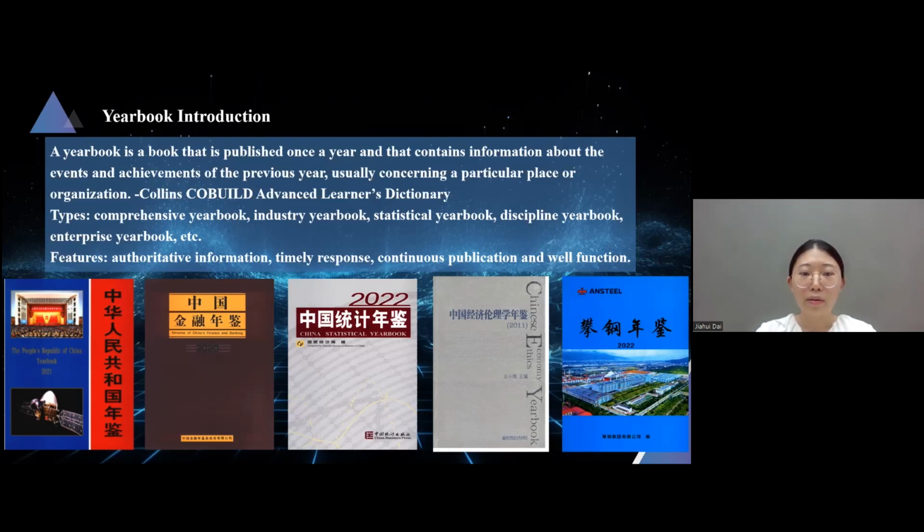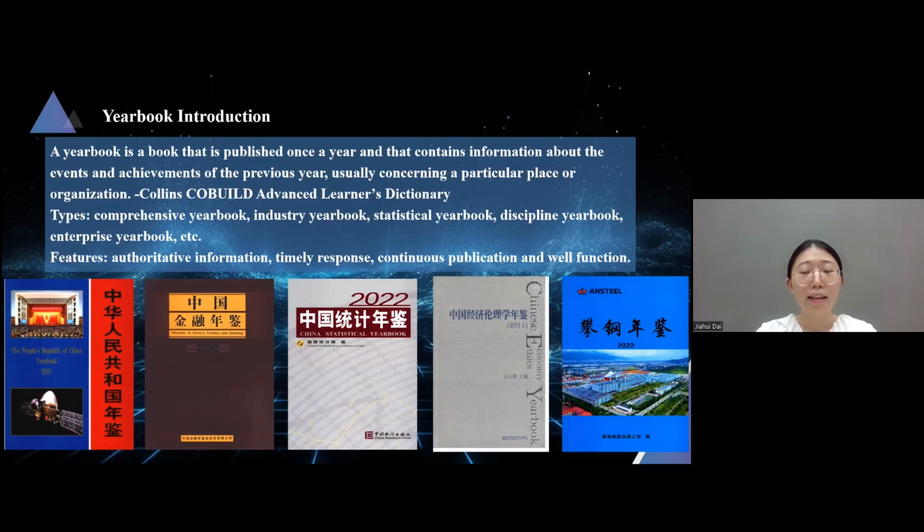Fourthly, discipline yearbooks record in detail the development of a certain discipline in the past year. For example, the Chinese Economy Ethics Yearbook shown below. Fifthly, enterprise yearbooks collect the information of enterprise management comprehensively, records major events, production materials, operating experience of the enterprise.